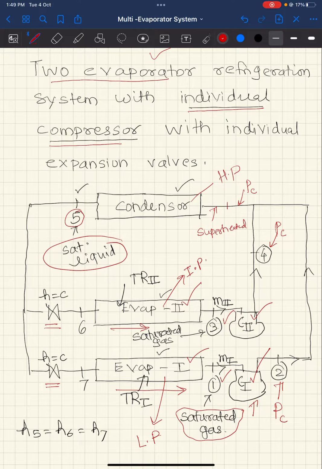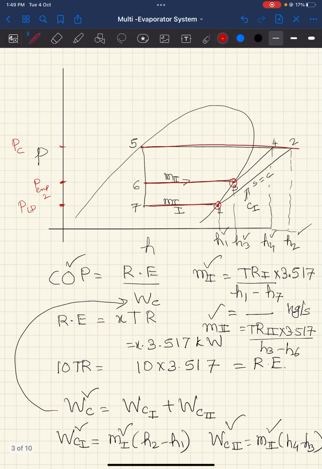So let me show you on the pressure enthalpy diagram. As it enters compressor 1, it gets compressed up to the condenser pressure. Similarly, the refrigerant, as it enters compressor 2 from evaporator 2, gets compressed up to the condenser pressure, and we are assuming that the compression is isentropic in the theoretical cycle.